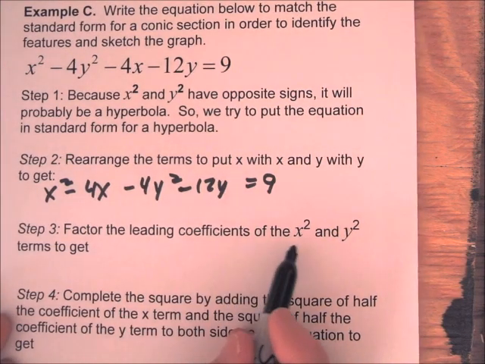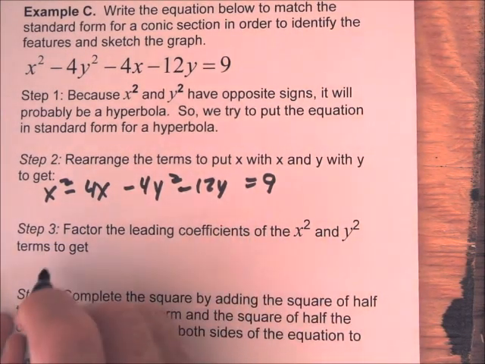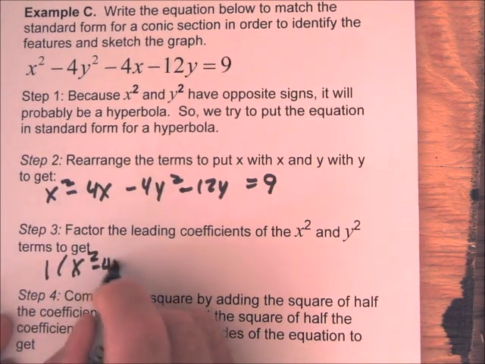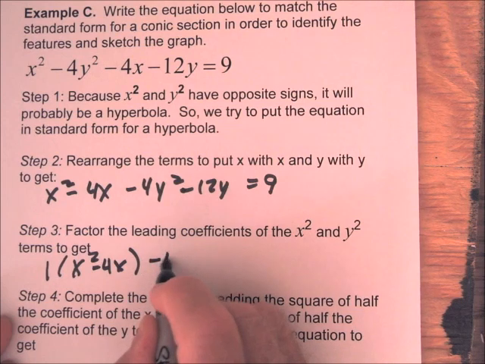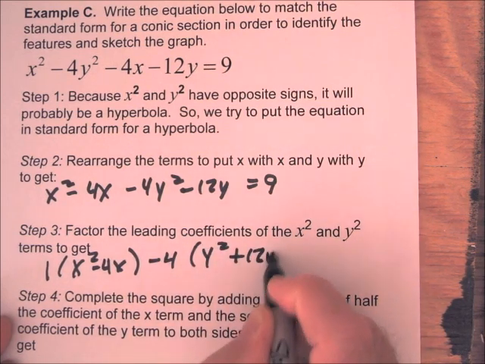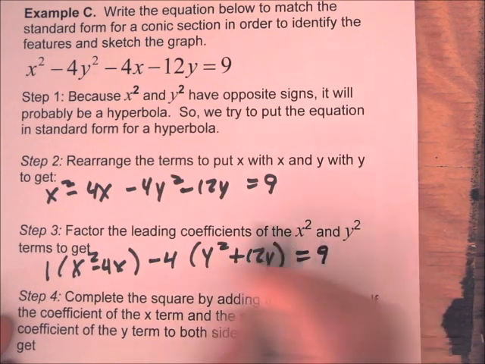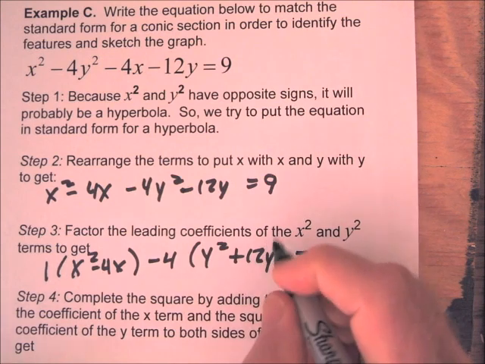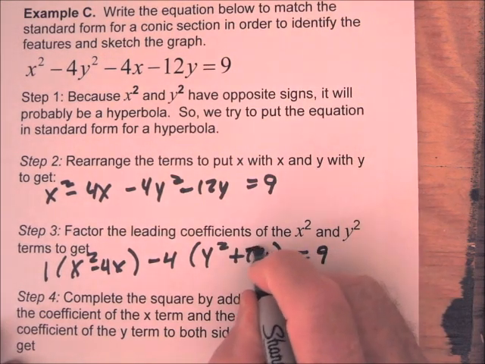We want to factor the leading coefficients of x squared and y squared. So we'll have 1 parentheses x squared minus 4x, and then we have a negative 4, and it'll be y squared plus 12y. So you have to be a little bit careful about that. Negative 12 divided by negative 4 is a positive 3, plus 3y.